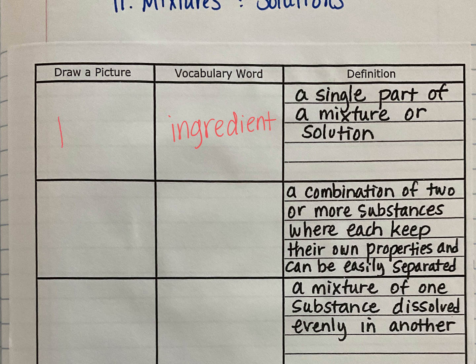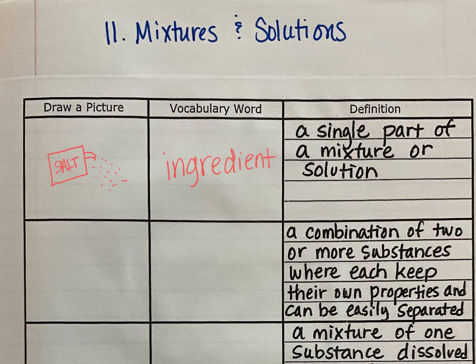Okay, salt is an ingredient. So I'm going to draw a box of salt. We're going to pour some salt out, and I'm going to label it salt. Okay, so go ahead and get your vocabulary word written down and get your picture drawn.